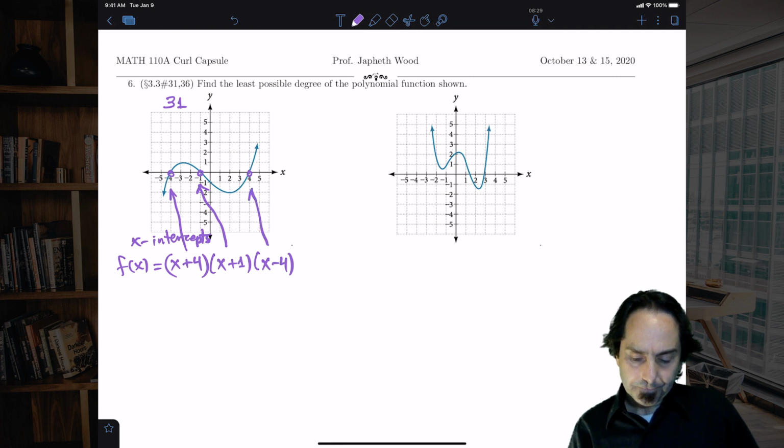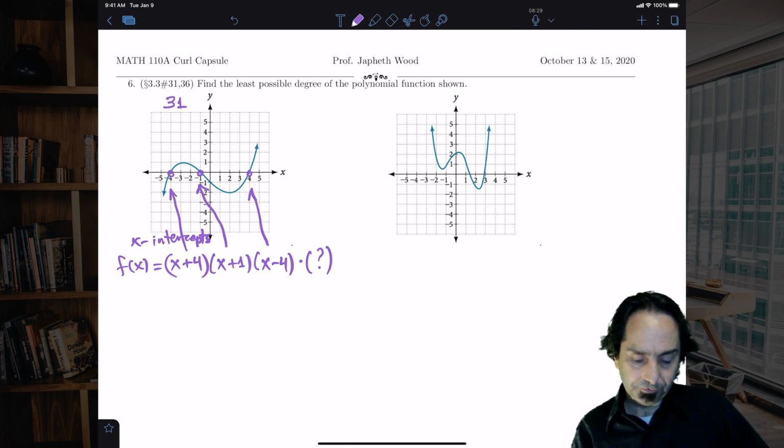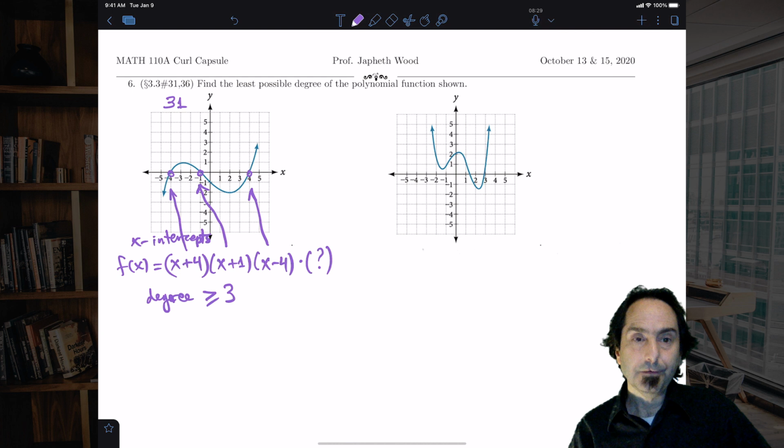And there may be some other factors, and there might not be. But there's at least 3 factors, so that says that the degree is at least 3.